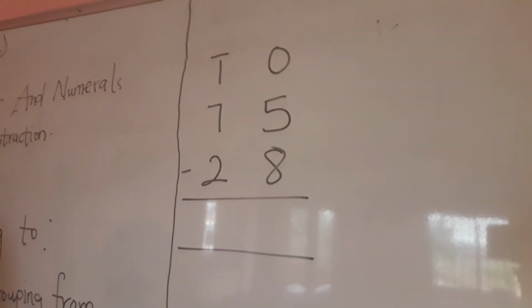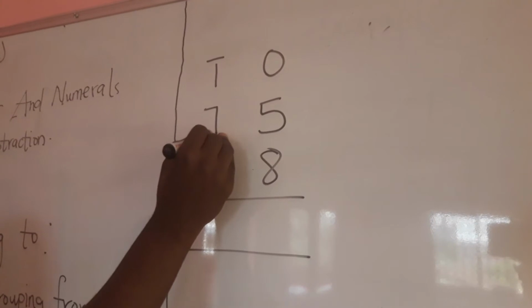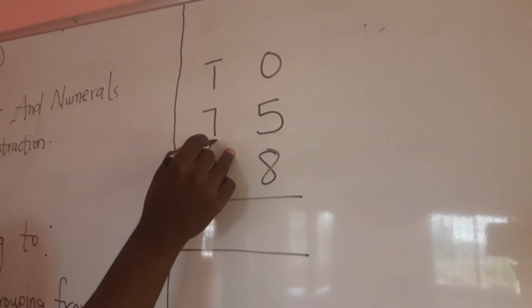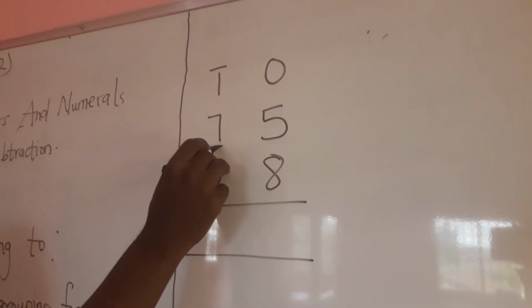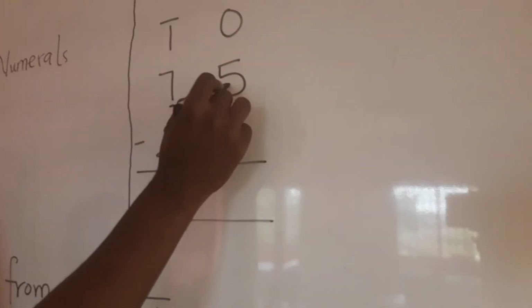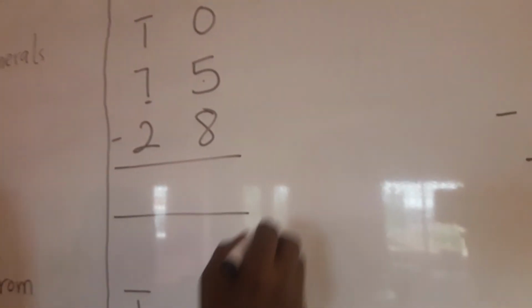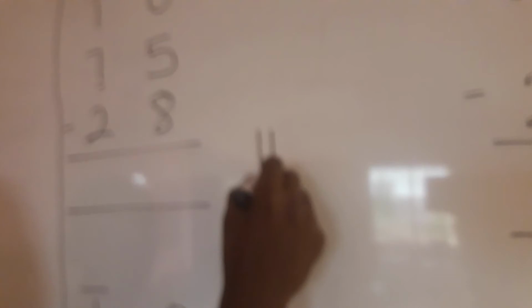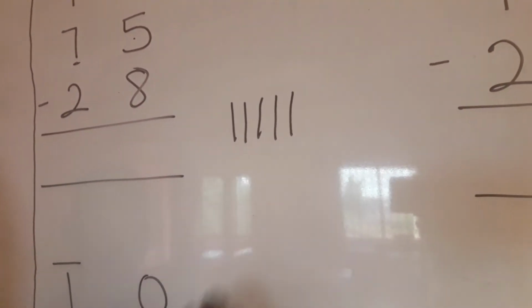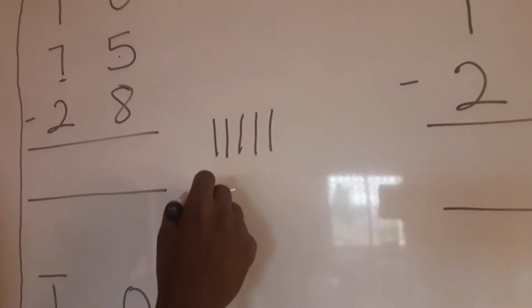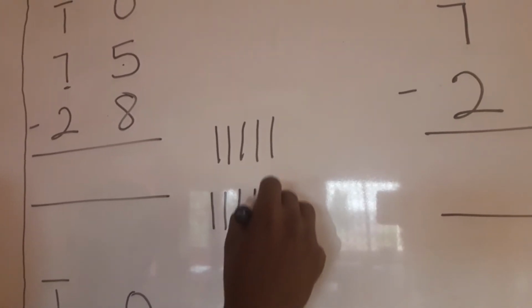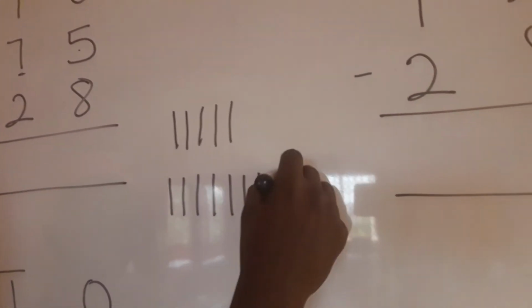Okay, so now we have 7. If we borrow 1 from this 7, what have we borrowed? We have borrowed 10. So we add the 10 to what? The 5. So 5 plus 10, we have 1, 2, 3, 4, 5. And we are adding what? 10. 1, 2, 3, 4, 5, 6, 7, 8, 9, 10.